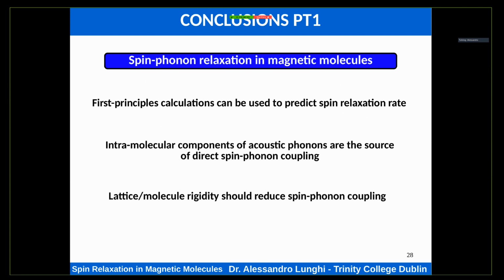And if you want to guess a new design rule to increase the spin lifetime, one possibility would be to increase the rigidity of the molecular structures. This would, in principle, diminish this intramolecular contribution to the acoustic phonons, and therefore it is supposed to slow down spin relaxation.